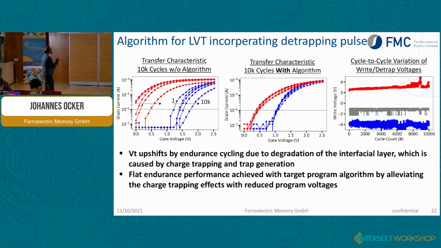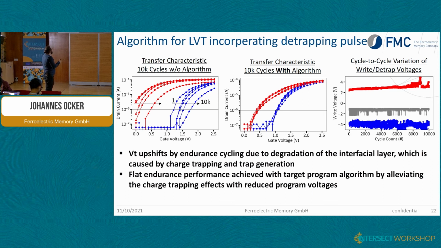And these are the results we get. These are the IDVGs without the algorithm, and you can see that both the low VT and the high VT shift up if you apply up to 10,000 pulses and 10,000 cycles.